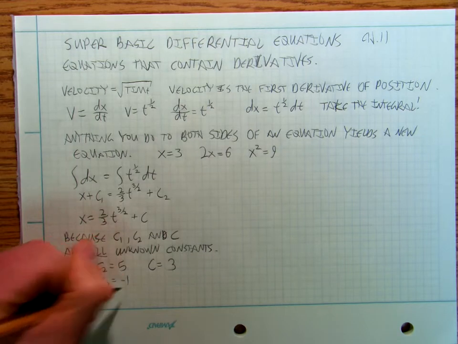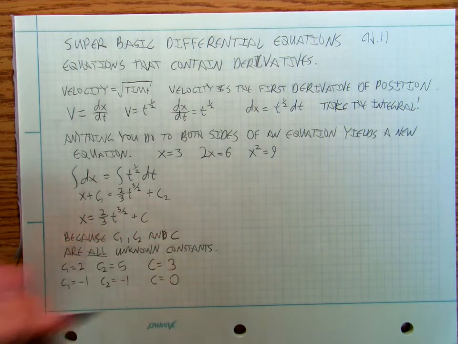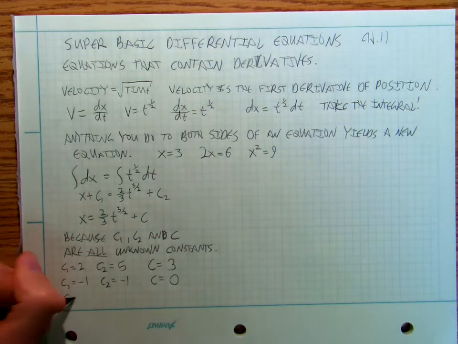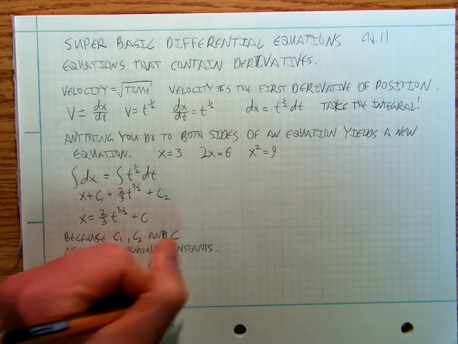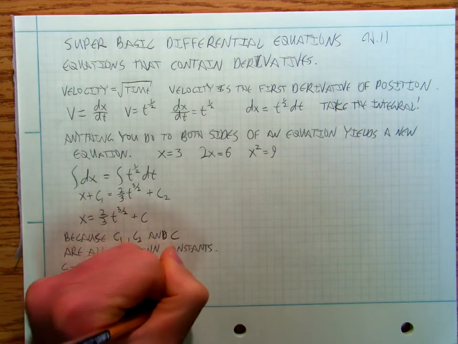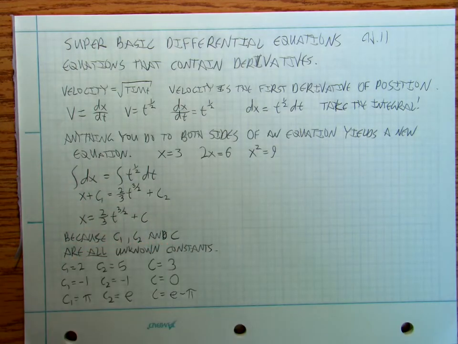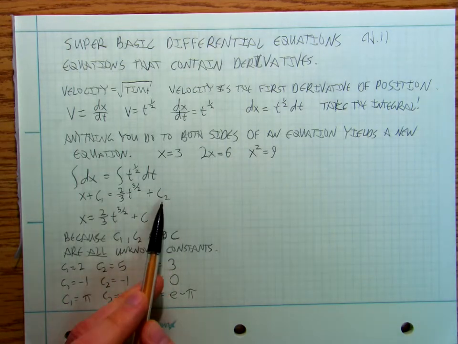Suppose C1 is equal to -1 and C2 is also equal to -1, then I could say C is equal to 0. If C1 is equal to pi and C2 is e, then C is just the difference. It doesn't matter.